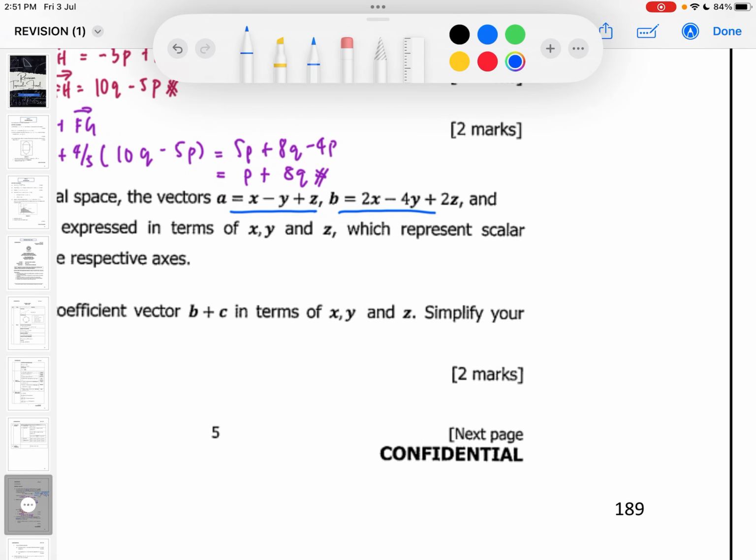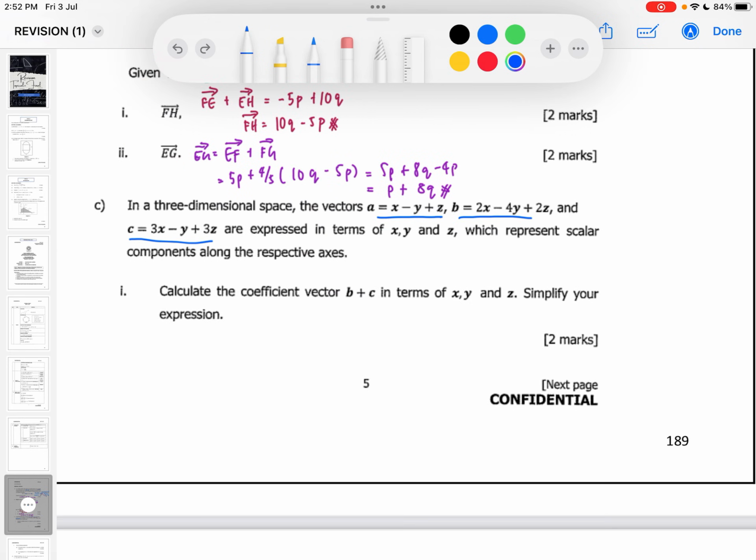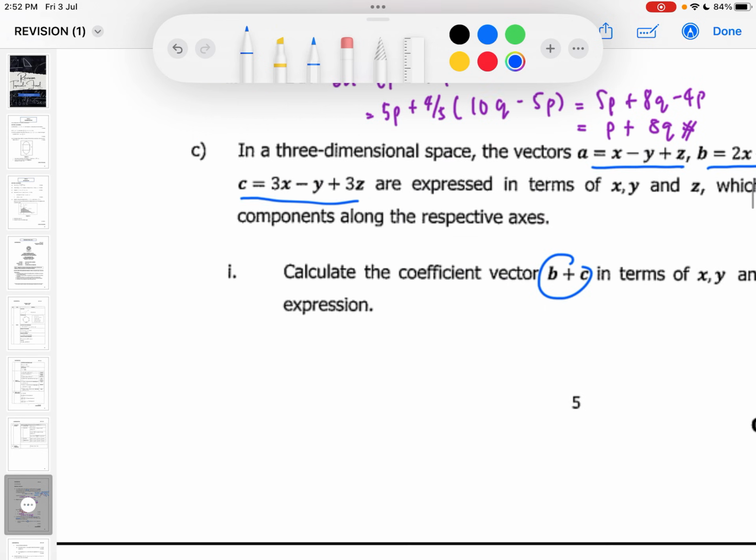You know how the x, y, z axes work, with z in between x and y. Calculate the coefficient B plus C in terms of x, y, and z. Simplify your expression. Basically just add B and C. That is what this question wants.